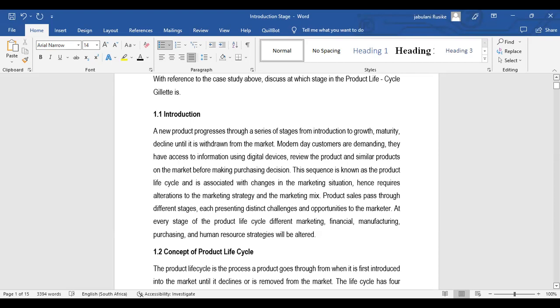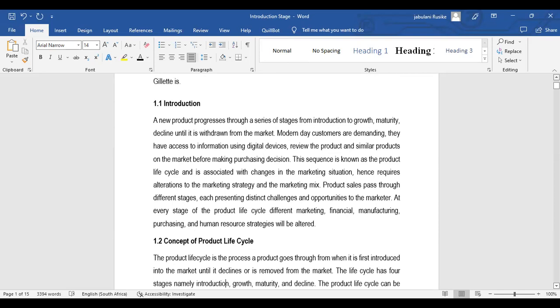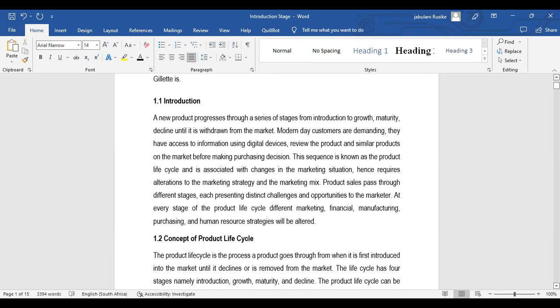This is just a general advice, but you know your writing style and how you can introduce. In this case, to approach this question, we have to first explain the concept of product life cycle.